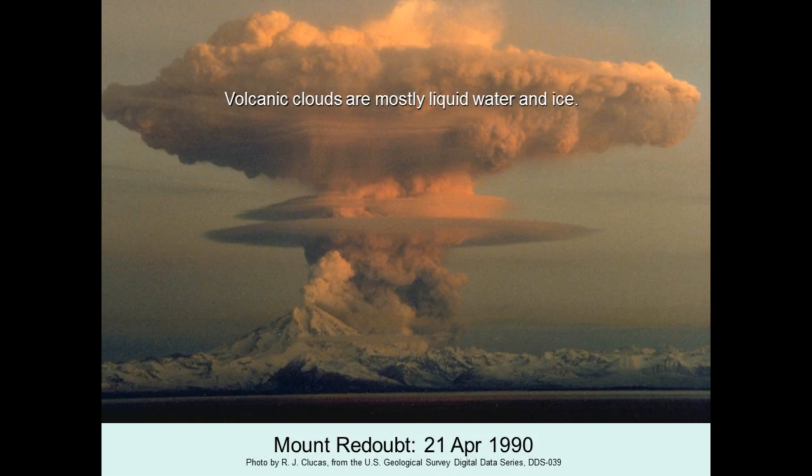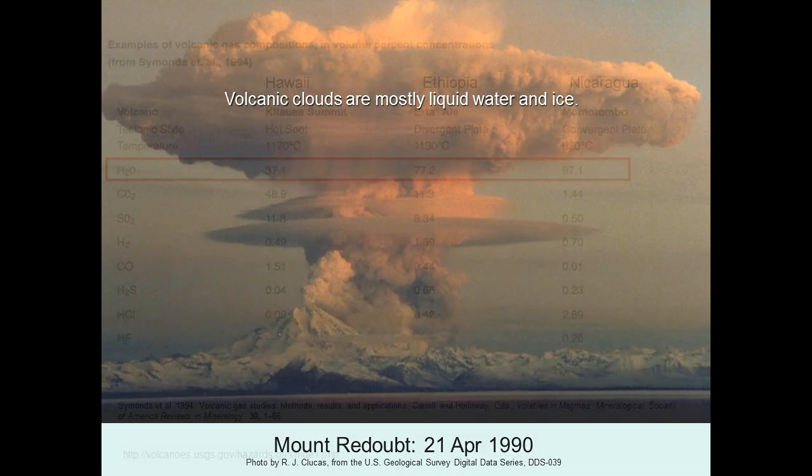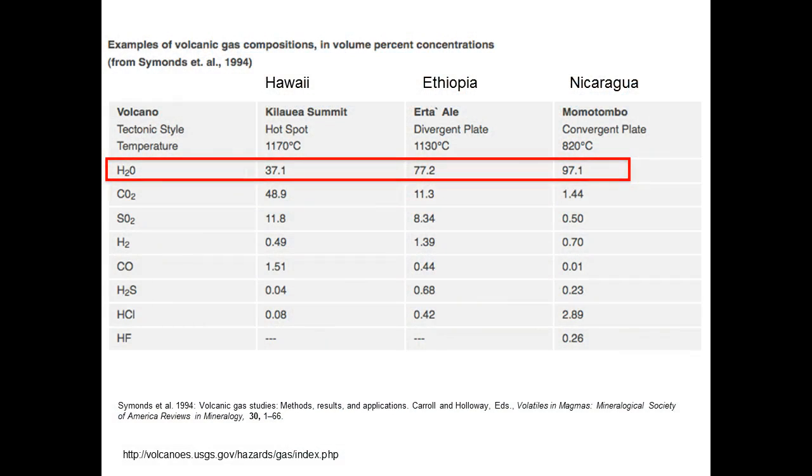Much of what you see in a volcanic cloud is mostly liquid water and ice. Research aircraft flights through the Mount St. Helens volcanic ash cloud were described by one of the scientists on board as volcanic hail. By comparison, the Hawaii volcanoes, which occur along the mid-ocean hotspot, emit only 37% water vapor.